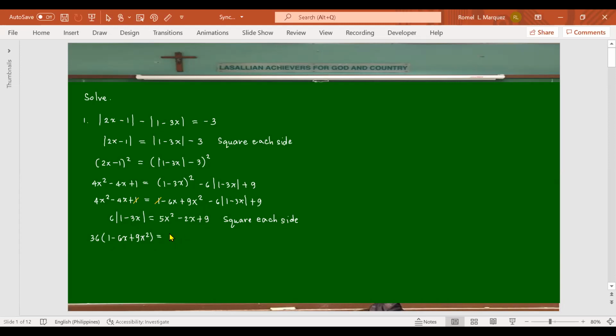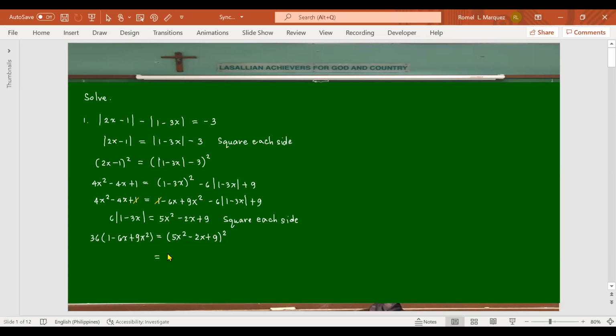What about the right side? How do we square a polynomial? Do you still remember squaring a polynomial, guys? Does anyone still remember how to square a polynomial, especially a trinomial?